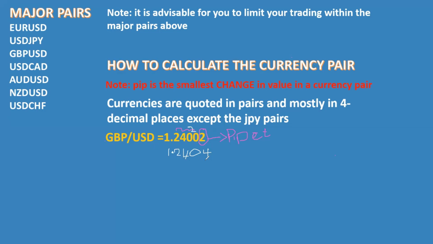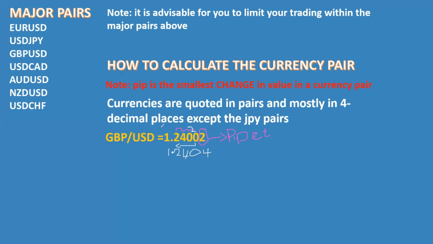It's that simple, very, very simple. So calculating your pips is very easy. Just start from this place and start counting. In calculating your pips, you start from your left or from your right side and go in this direction. That's how to calculate pips.